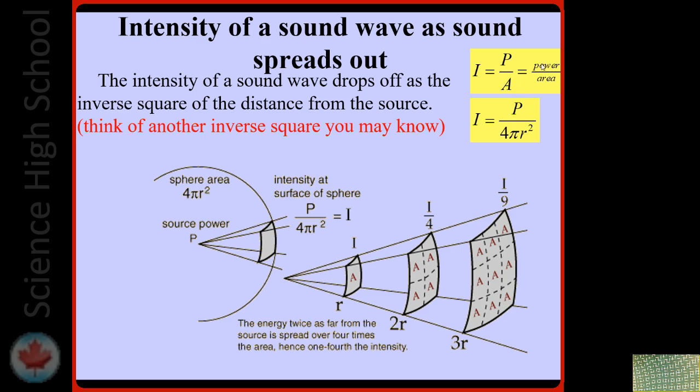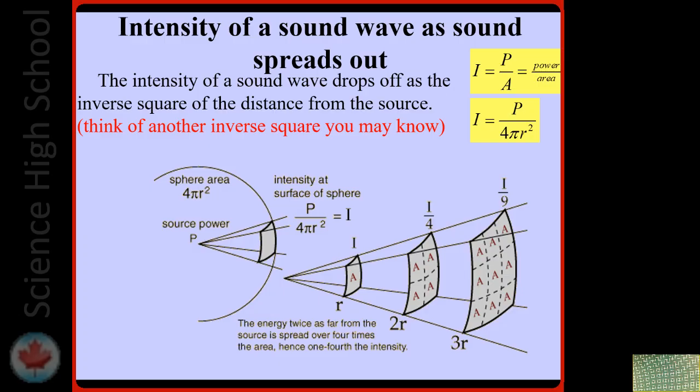So we talk about it as power divided by area. And so I'll talk about this intensity as being the power of the source divided by 4 pi r squared. And if you remember your geometry, 4 pi r squared is the surface area of a sphere. So it didn't come up by accident.